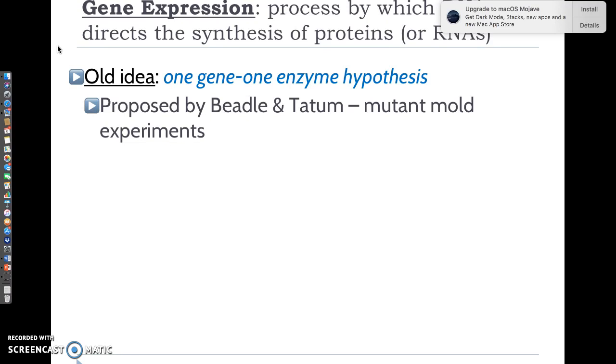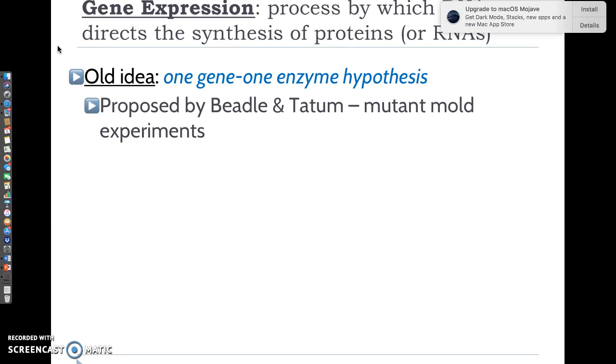Now, what they did was they grew mold on something called agar. Agar is a type of solution, and it turns into a gel, and it's made of salt, sugar, different kinds of vitamins. And they exposed different molds to X-ray radiation.